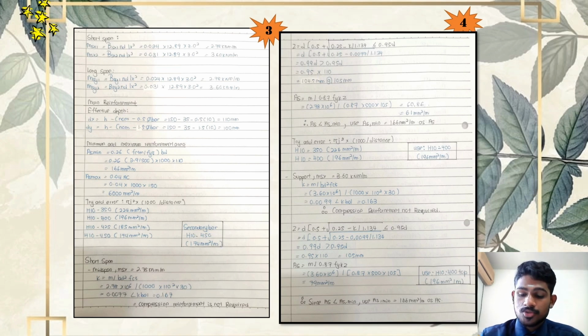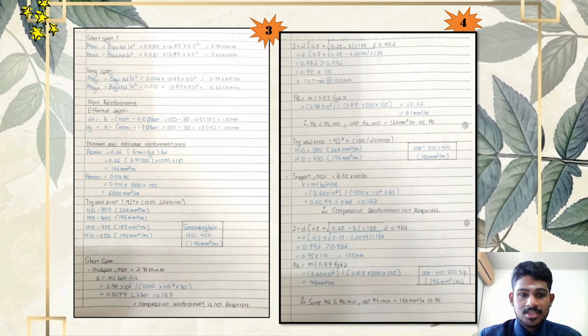Okay, now I'm going to find the main reinforcement, starting with the effective depth. The dx comes out with the formula of h minus c nom minus 0.5 phi bar, equal to 150 minus 35 minus 0.5 times 10.